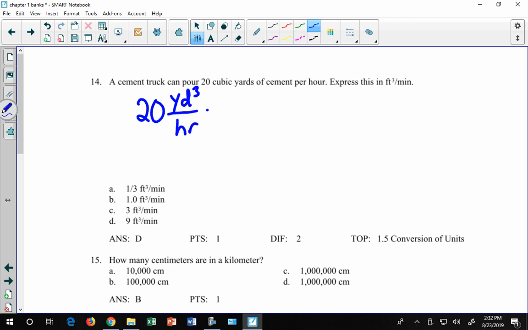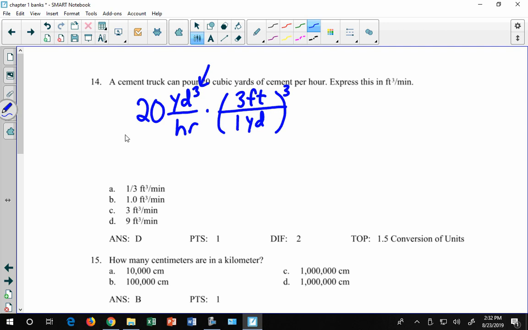All right. 20 cubic yards cement per hour. And I want to express that in feet cubed per minute. We don't do British units, but you know how many feet are in a yard, right? How many feet are in a yard? 3. So in 1 yard, I have 3 feet, but because it's cubed, I have to cube the conversion factor.